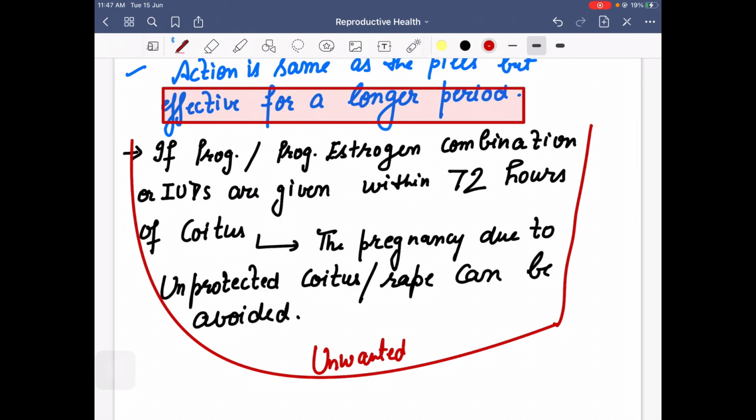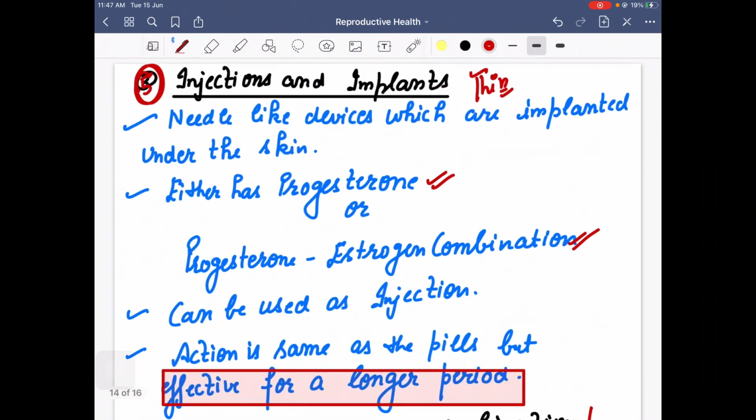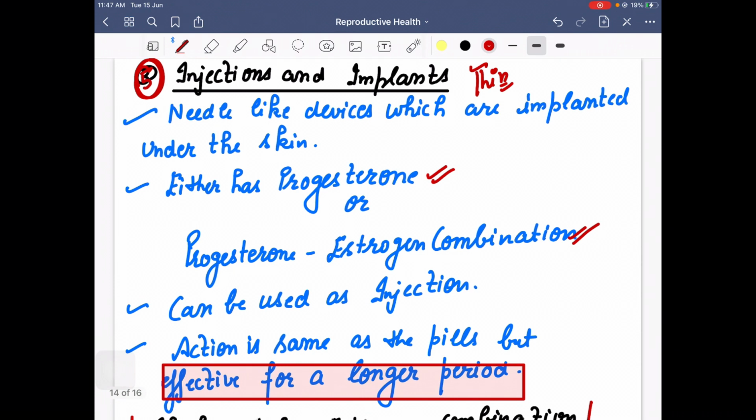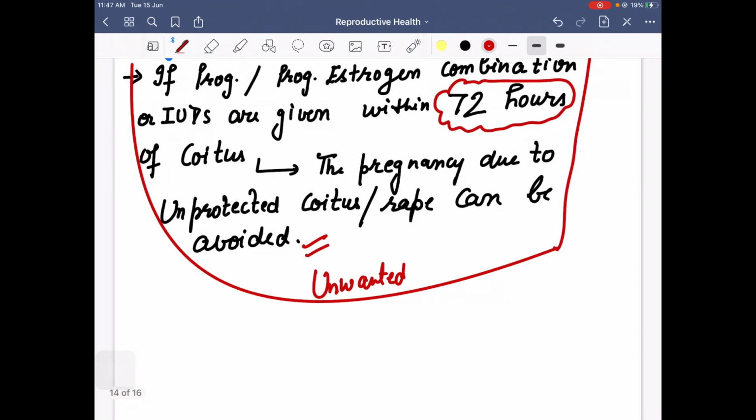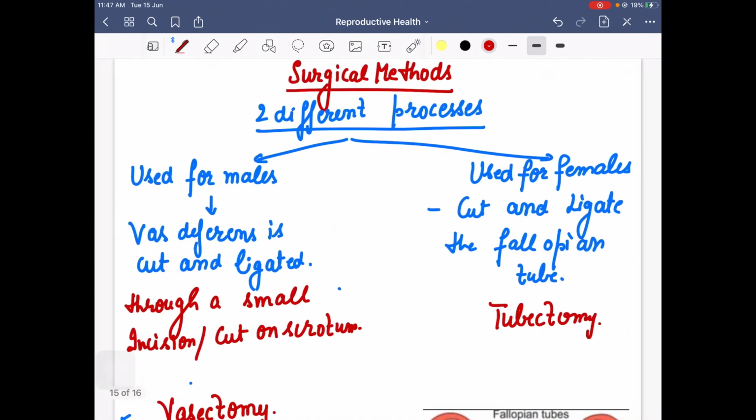If you give the combination pills or progesterone or any IUDs within a 72 hour period, then the pregnancy can be avoided. This is very important information, because you are dealing with biology, so these types of information should be known to you.